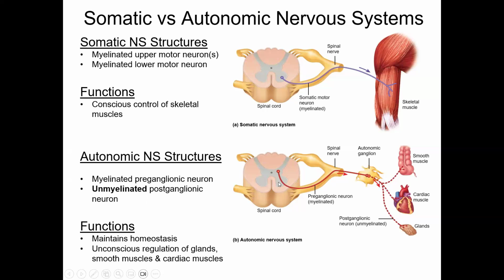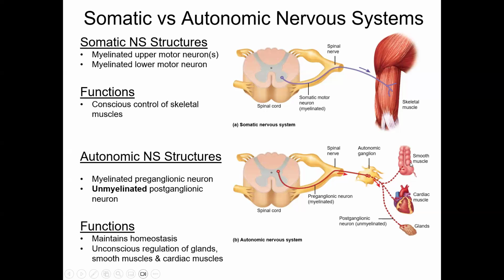So our preganglionic neuron is going to be here in the spinal cord. Our postganglionic neuron cell body will be in the ganglion itself. The postganglionic neuron is typically unmyelinated. So an unmyelinated postganglionic neuron in our division here, it's these dotted lines that represent unmyelinated.